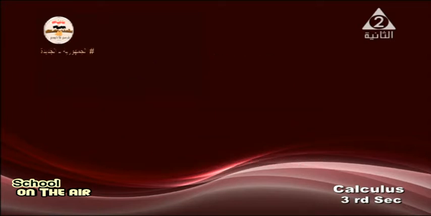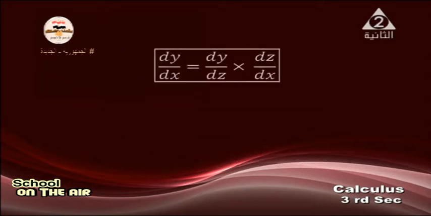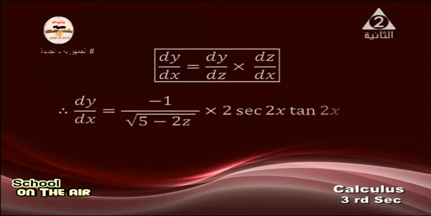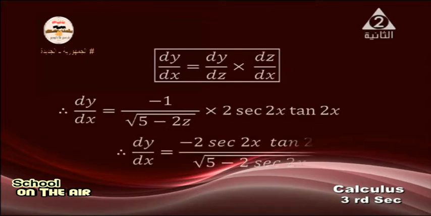Now the chain rule: dy/dx equals dy/dz multiply dz/dx. Then dy/dx equals negative 1 over square root of 5 minus 2z multiply 2 sec 2x tan 2x. And we can write dy/dx in the simplest form: dy/dx equals negative 2 sec 2x multiply tan 2x over square root of 5 minus 2 sec 2x.